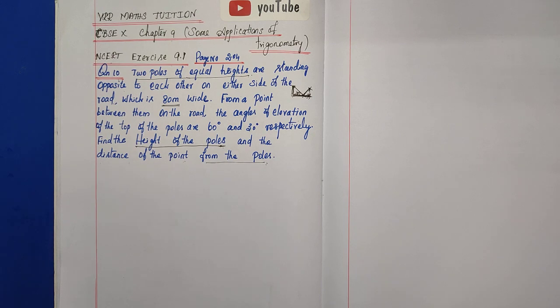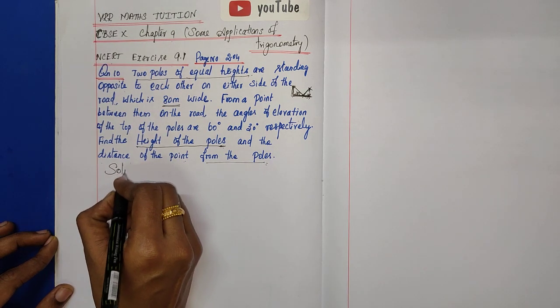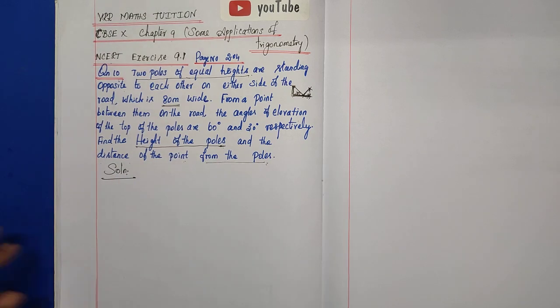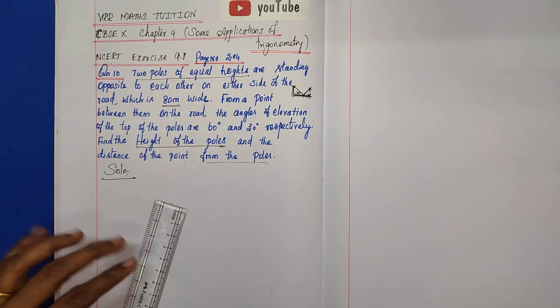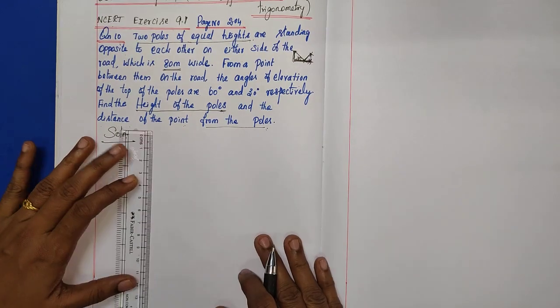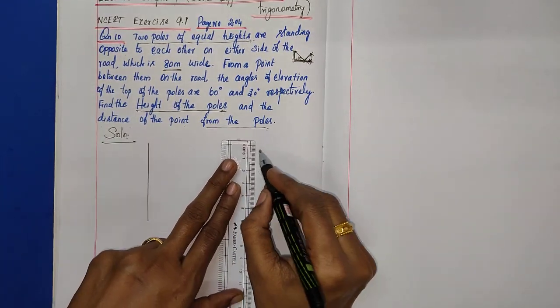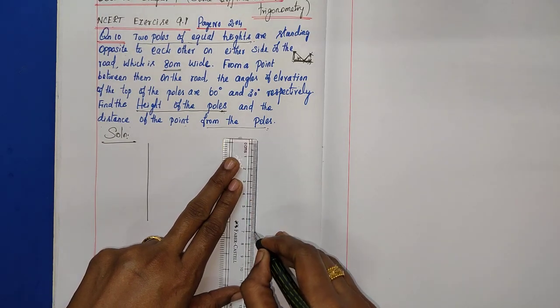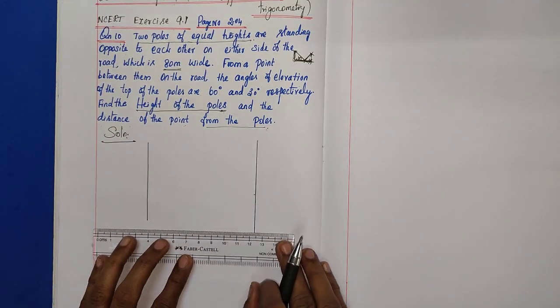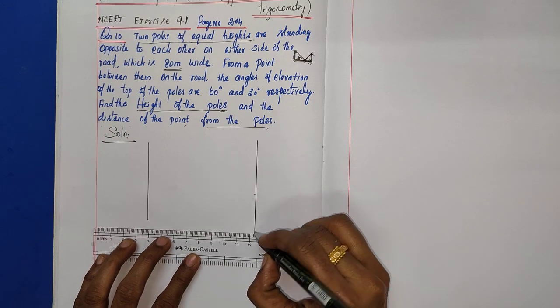So first, we are going to draw the diagram. Solution. So two equal poles. Join these 2 points.